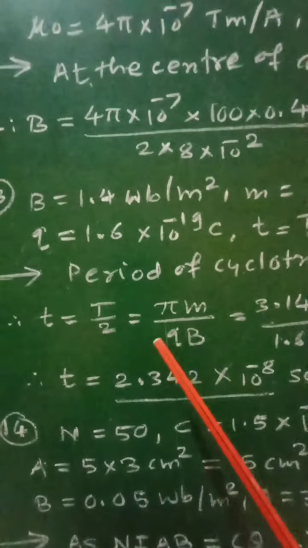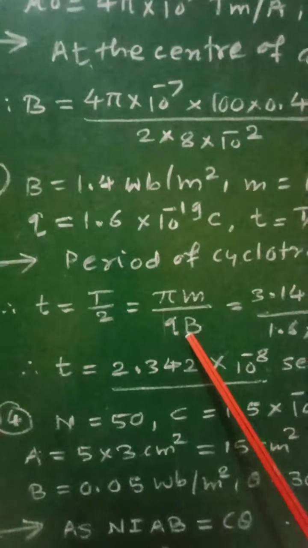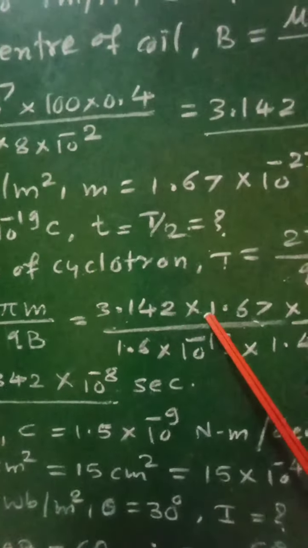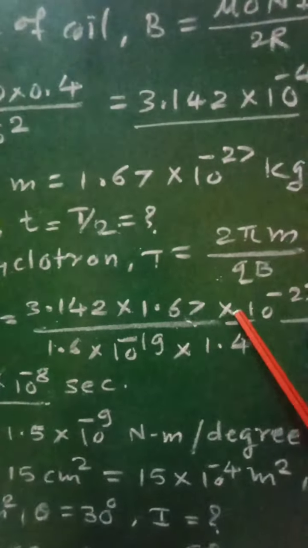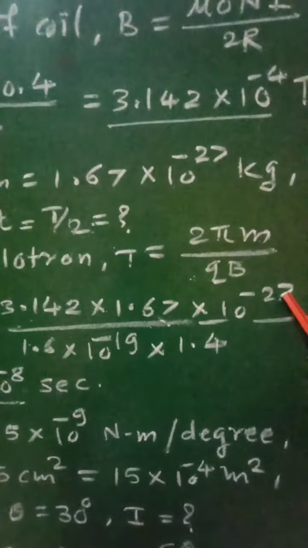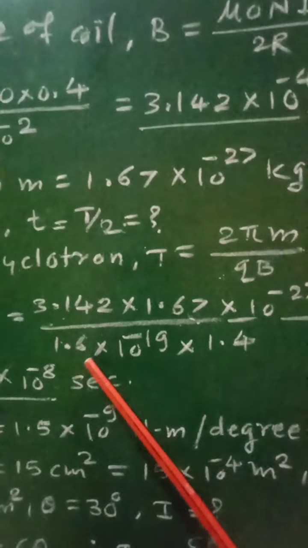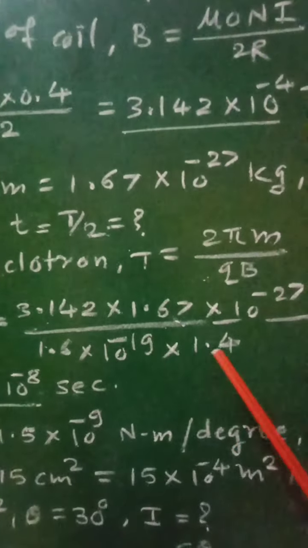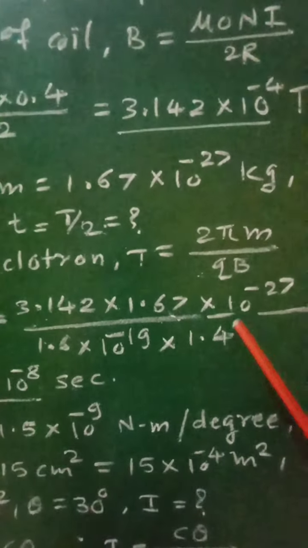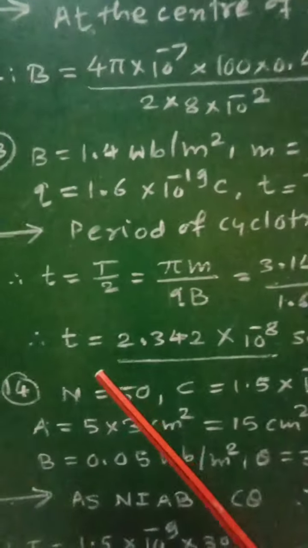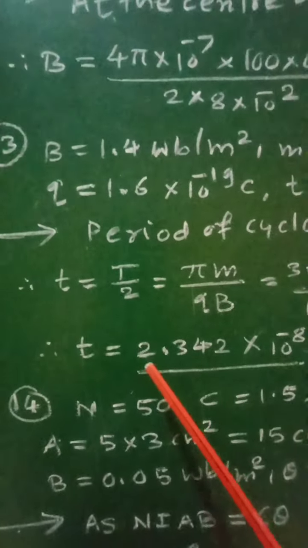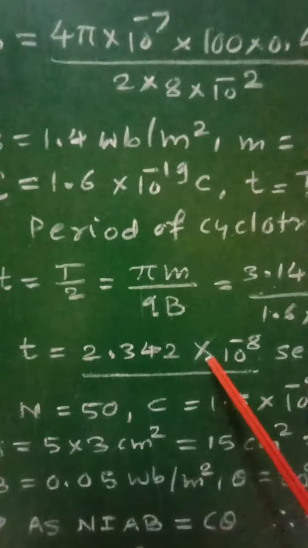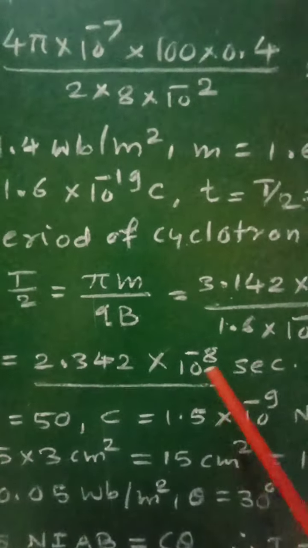Putting the values, we will get 3.142 into 1.67 into 10 raised to minus 27 divided by 1.6 into 10 raised to minus 19 into 1.4. Calculating this, we will get time interval t equal to 2.342 into 10 raised to minus 8 second.